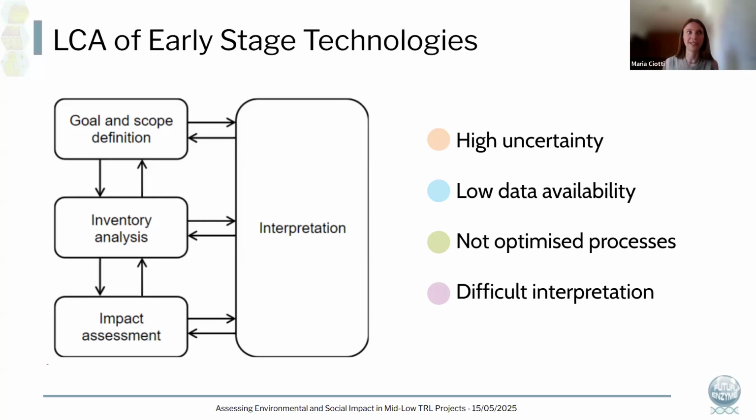Or there is, for example, lack of data. Sometimes simply we don't have all the data that are necessary. Also, you can imagine electricity consumption at lab scale is not the same as industrial production. So these assumptions can also be really difficult to make sometimes. The processes are not optimized.